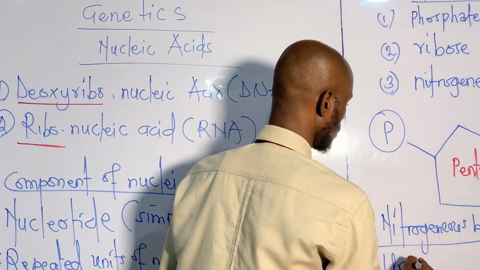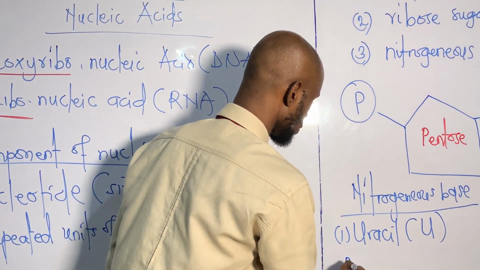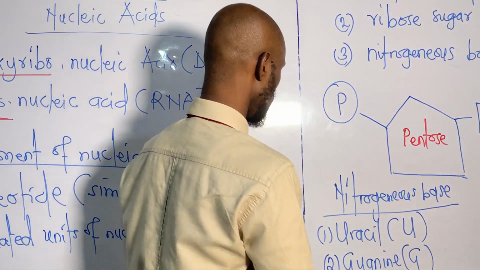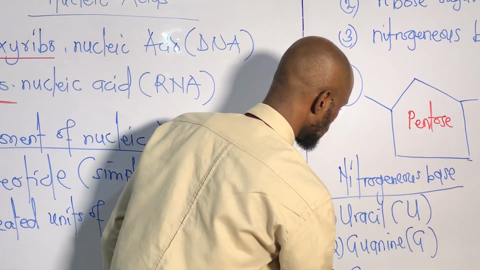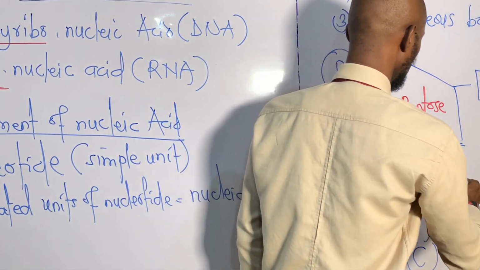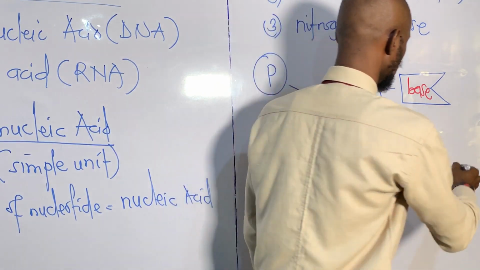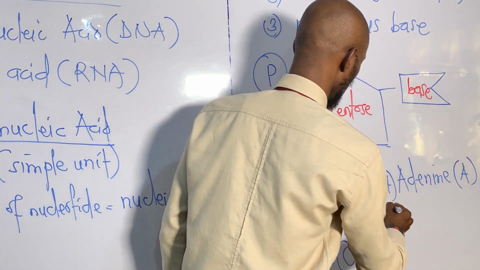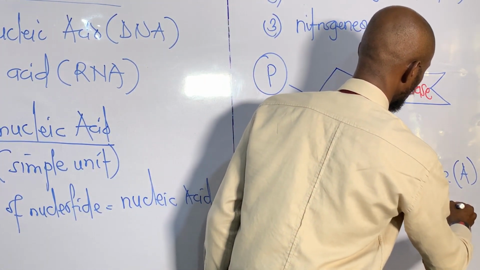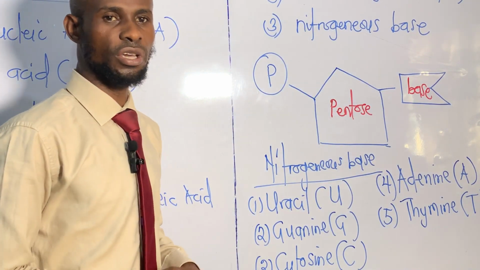Number one is uracil, the symbol is U. Number two is guanine, the symbol is G. Number three is cytosine, and the symbol is C. Number four is adenine, and the symbol is A. And number five is thymine, and the symbol is T. So these are the five nitrogenous bases we have.